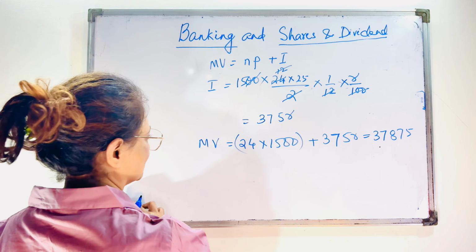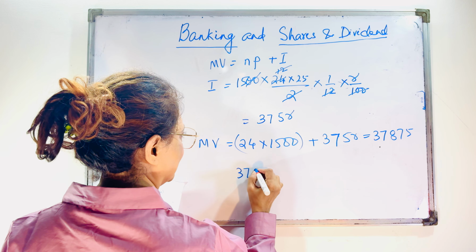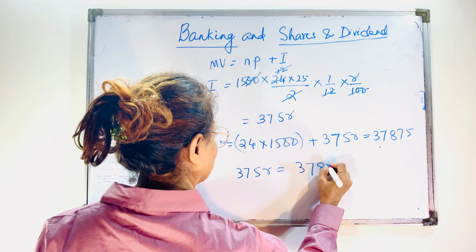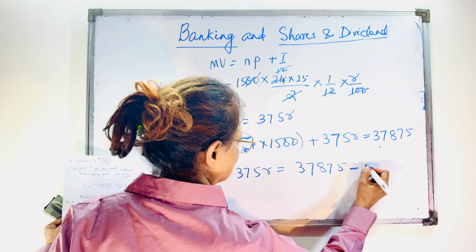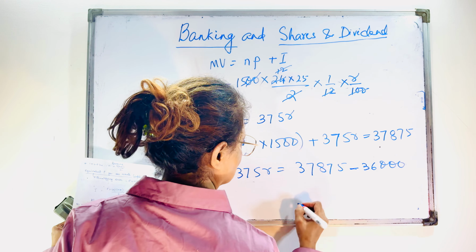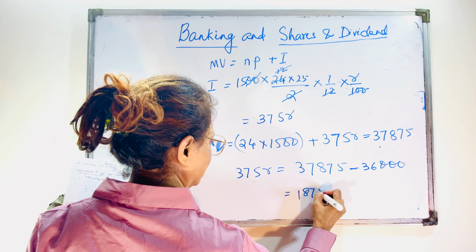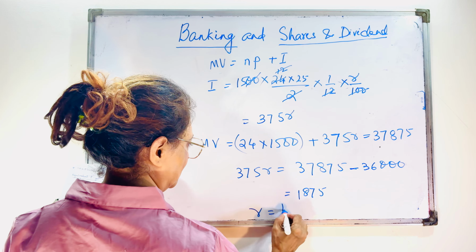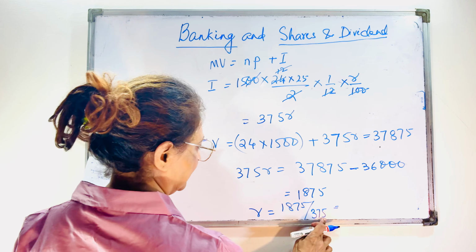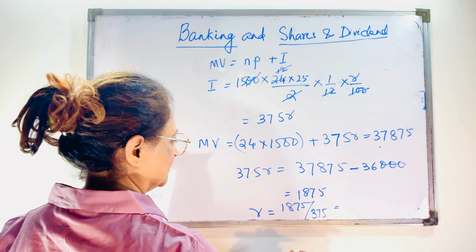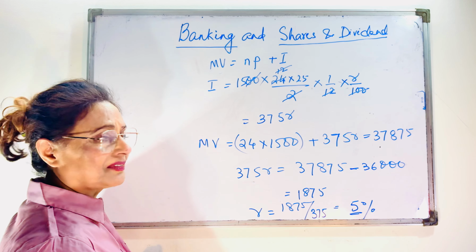Now just solve for R. So 24 times 1500 would go that side. 375 R is 37875 minus 24 into 1500, that is 3600, so 1875. R will be 1875 upon 375. You can see 5 sevens are 25, 5 threes are 15, 6, 7 are 18. So 5% is R. Got it?